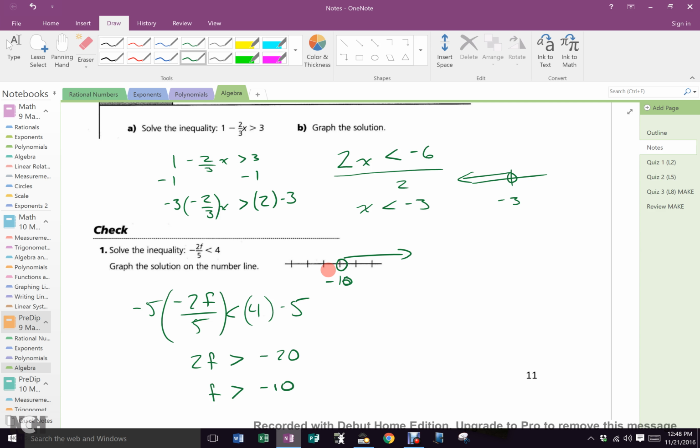Listen, please. That is where we start to depart and you become pre-diploma students. Right now, you're just plain old 9th graders.